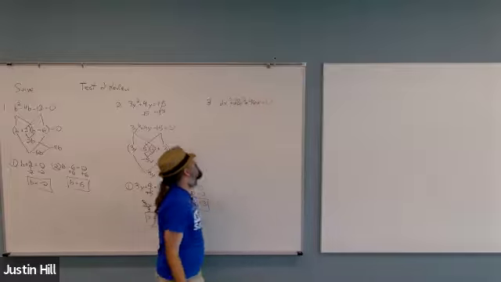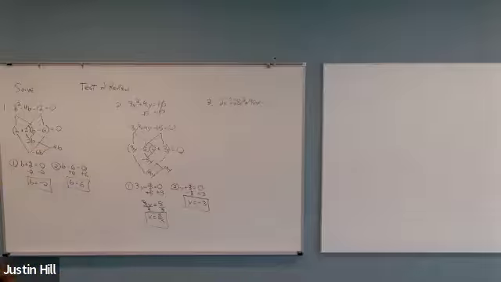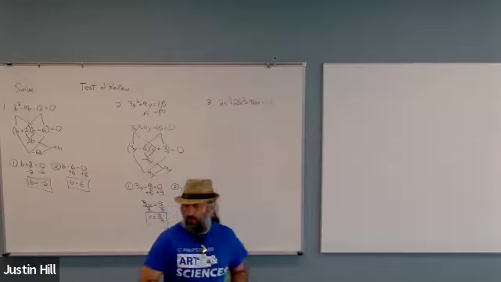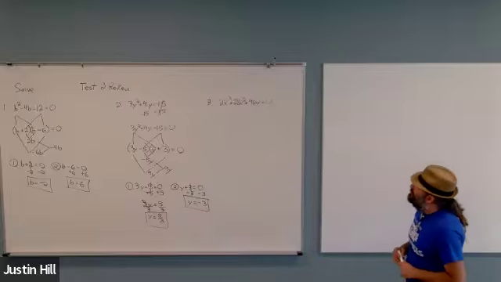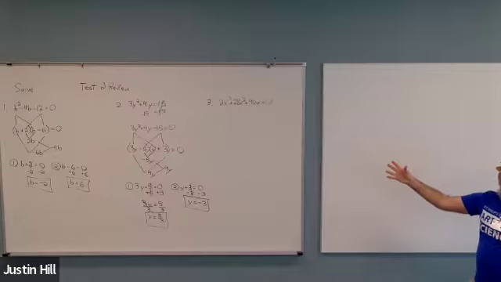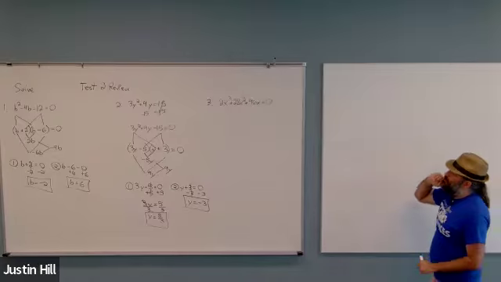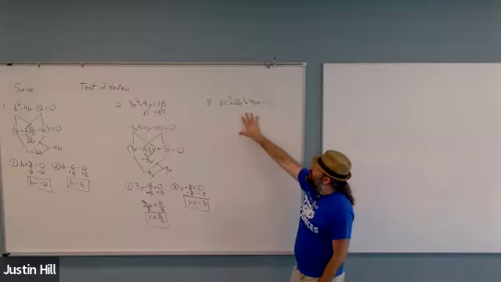We can see something like this: 2x cubed plus 28x squared plus 96x equals 0. Same thing, we see there's no constant term, so we know we're factoring.